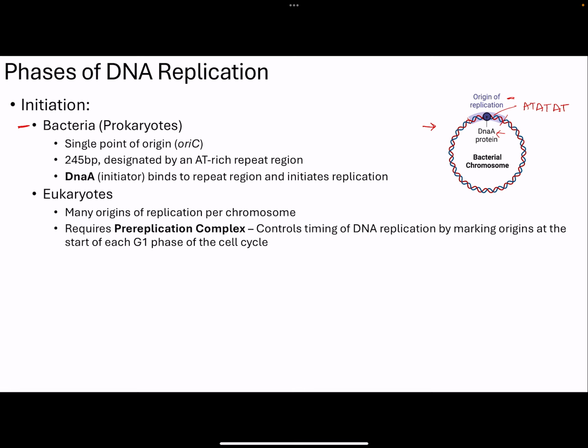Eukaryotes have a key difference here. There's many points of origin per chromosome instead of a single point of origin. And sort of the analog to DNA A is this pre-replication complex. So this is going to control the timing of DNA replication by marking the origins at the start of each G1 phase of the cell cycle.